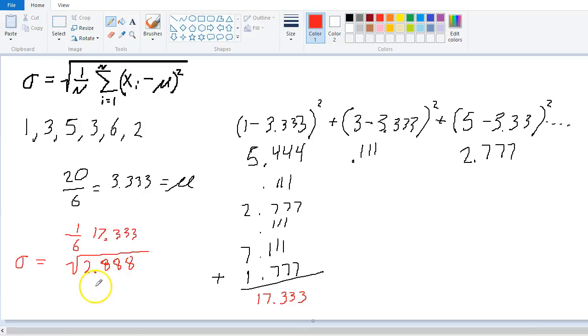I think I should have gotten a number a little bit larger. I rounded off some things here. That may have been a problem. The number I have here is 1.69967.